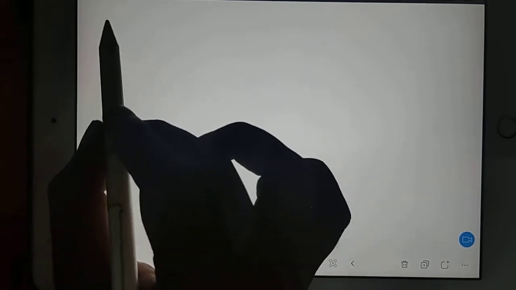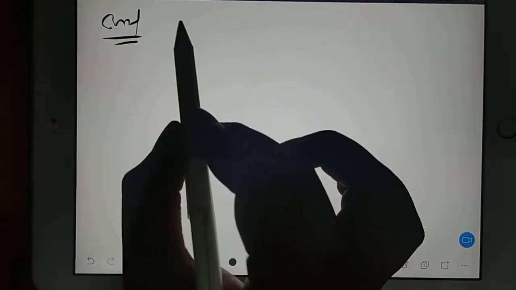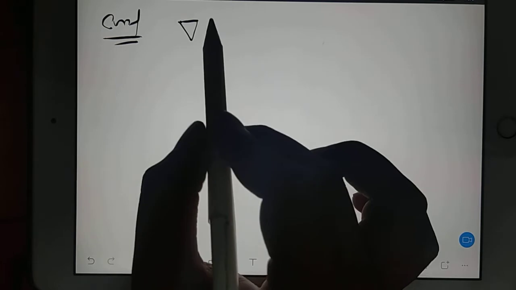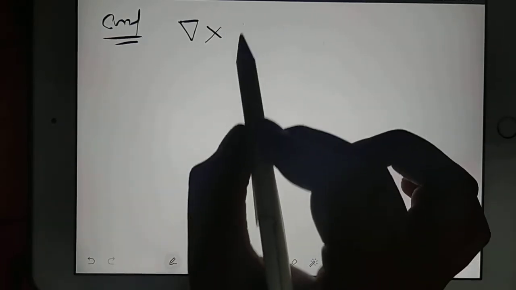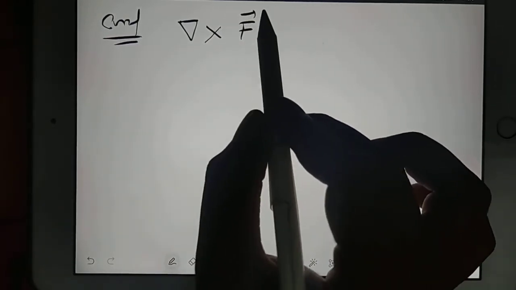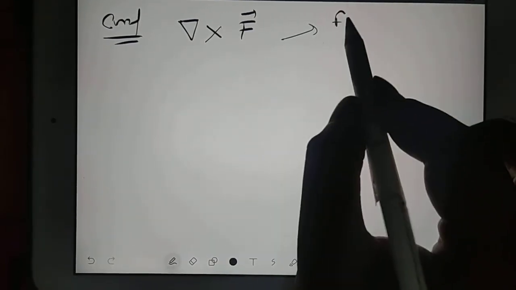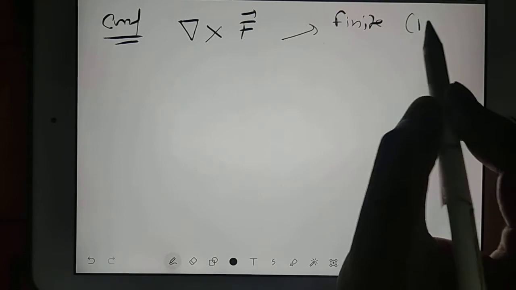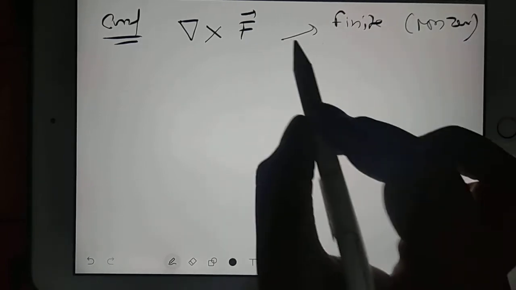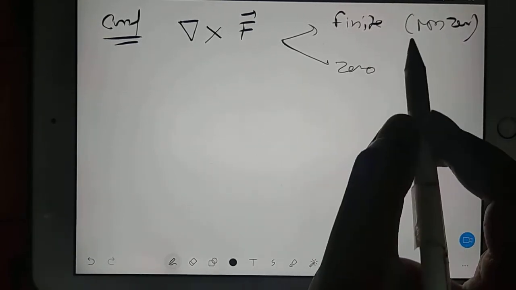Now you see guys, when we are finding the curl, one thing is clear: we need the del operator, we put a cross, and we need a vector field. When you find the curl, you have two possibilities. Either you get a finite, non-zero answer, or you get zero.